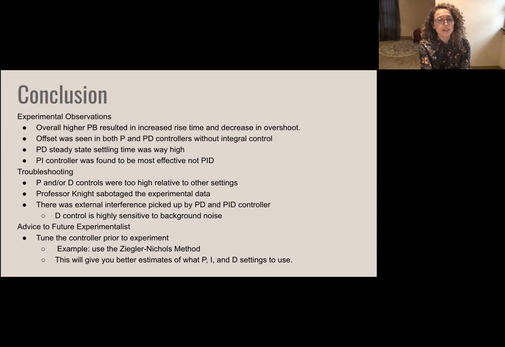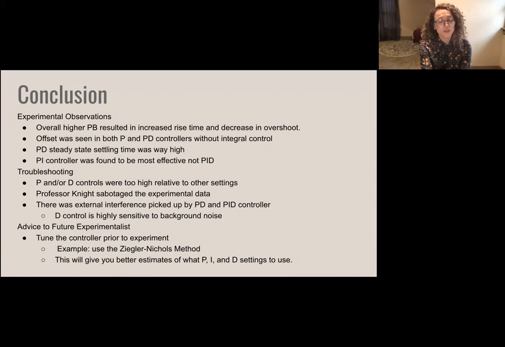And so let's explore why, right? So some things that we believe went wrong was that, so we chose our P, D, and I settings randomly. And so we think that we might have chosen very high values for P and or D controls relative to the other settings.